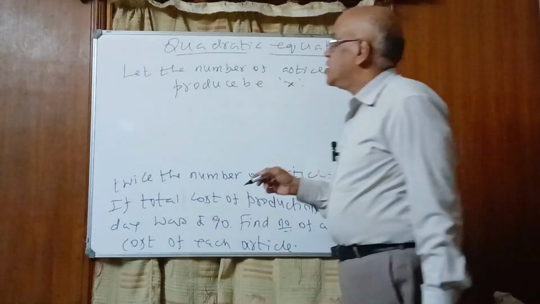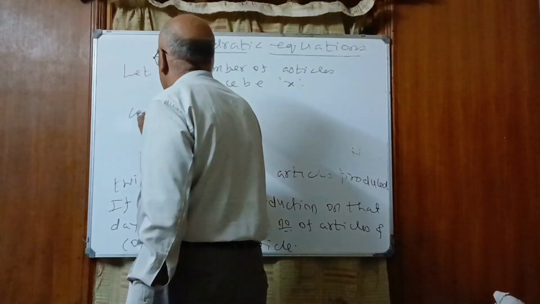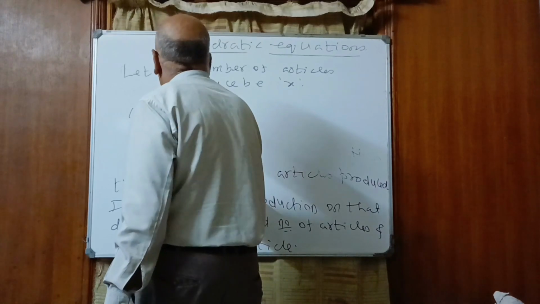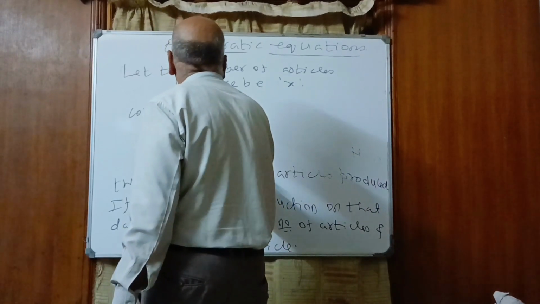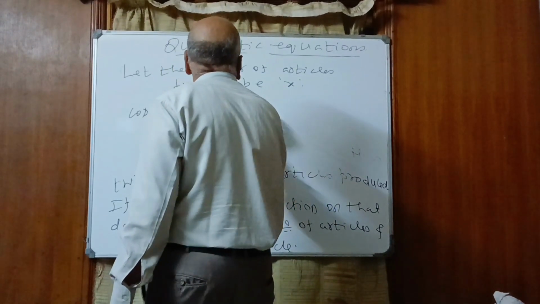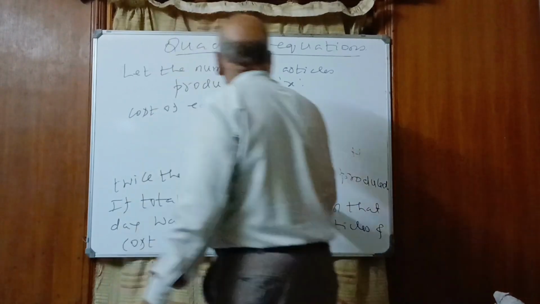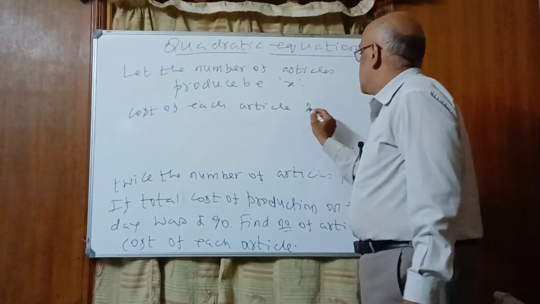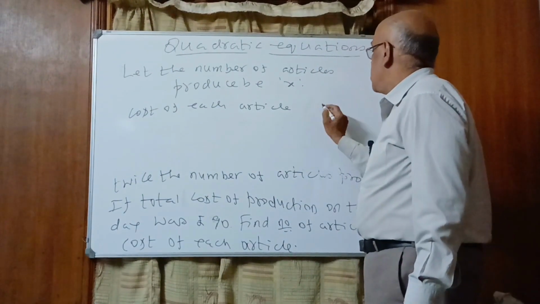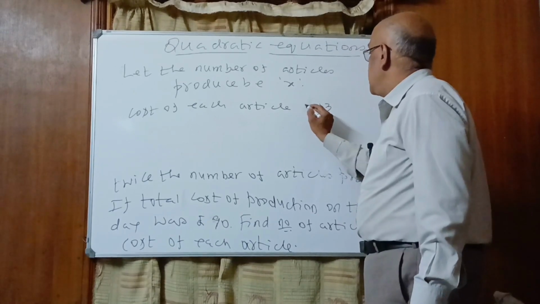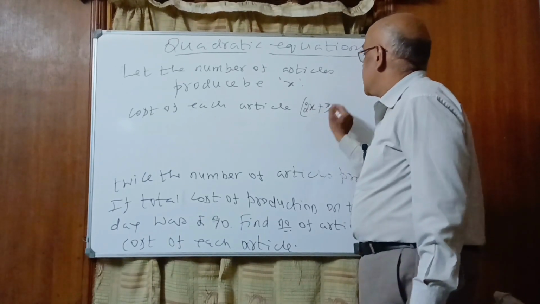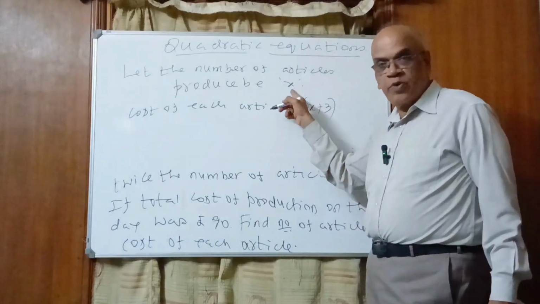Then the cost of each article was how much? 3 more than twice the article. x is the number of articles produced, children.